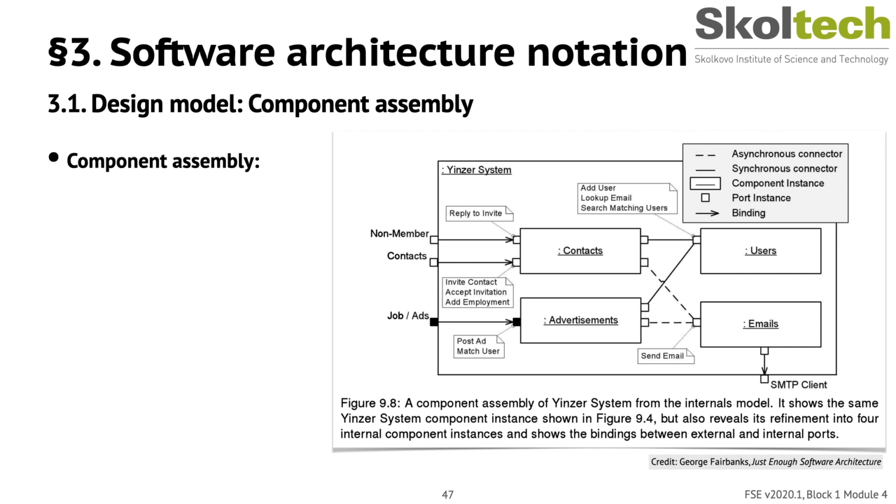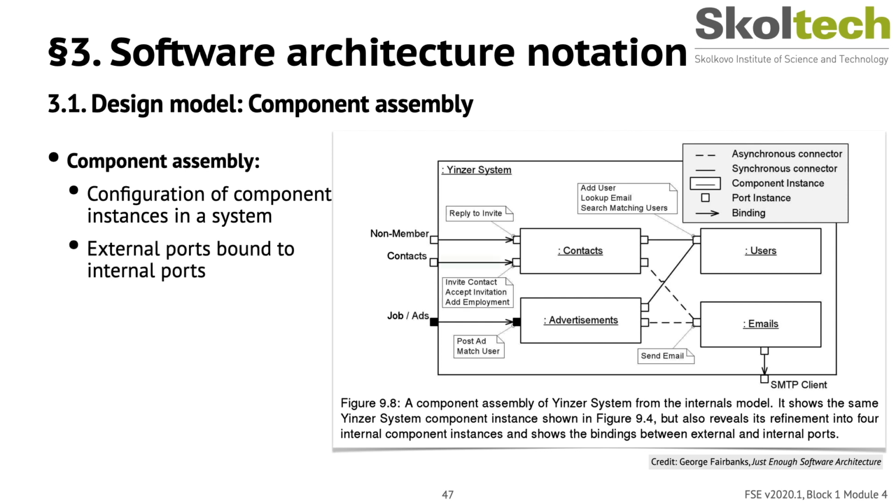The component assembly shows bindings between the external ports in the system and the internal ports inside the system, on the contacts, advertisements, and emails. A binding between an internal port and an external port means that any interactions with the external port are handled by the internal port. It is not a connector and no work is being done there, but it's there just for clarity.